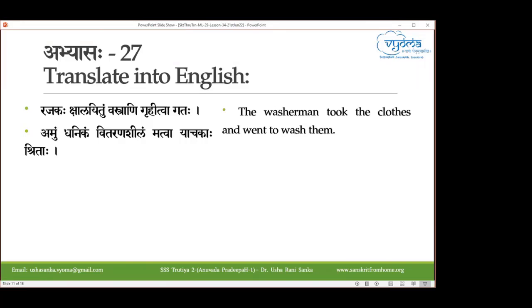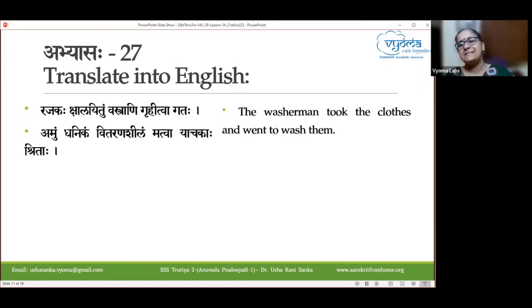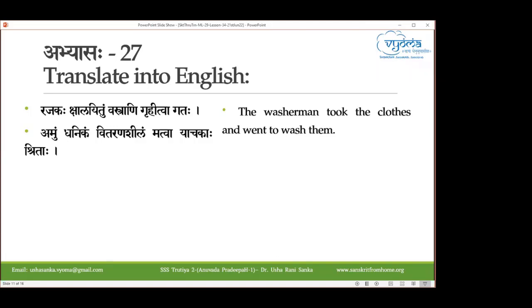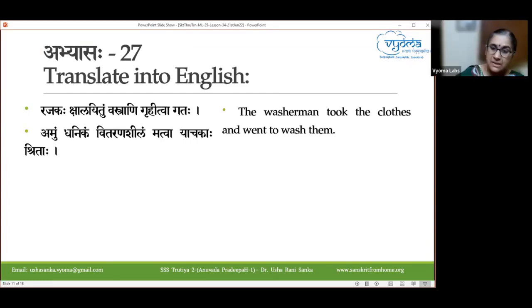Amum, I don't know what amum is. Amum is like a sarvanama, same like enam. Amum dhanikam, him, this dhanika is the object.